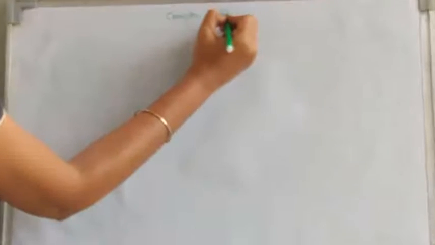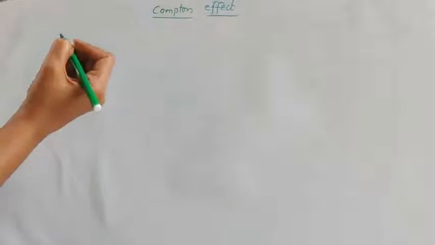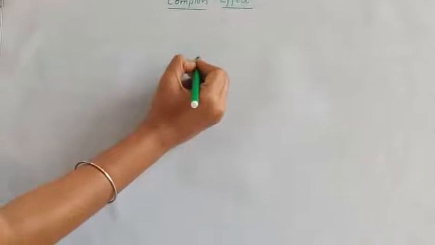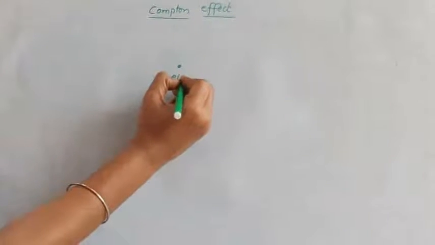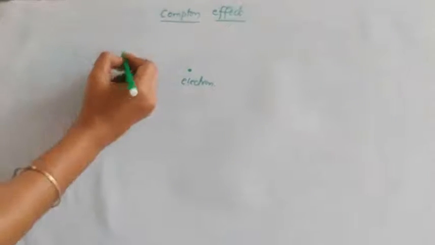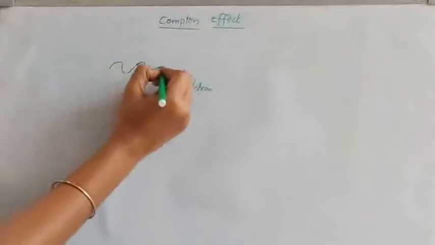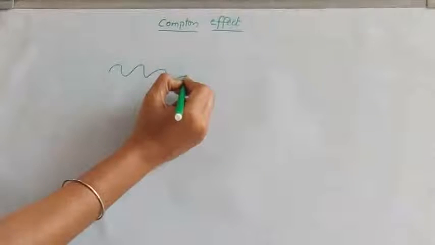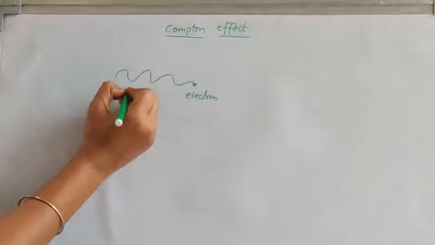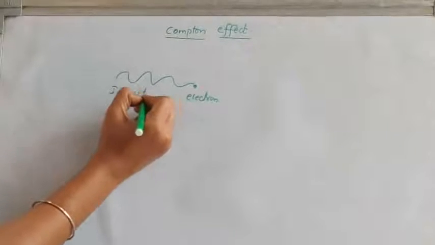To explain this phenomenon, initially we are going to consider a free electron. Assume that a photon of energy h nu is incident on the electron.